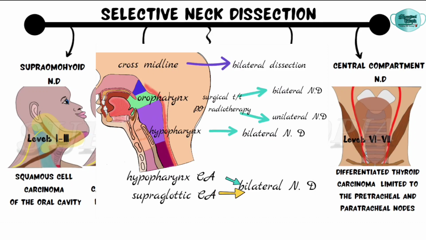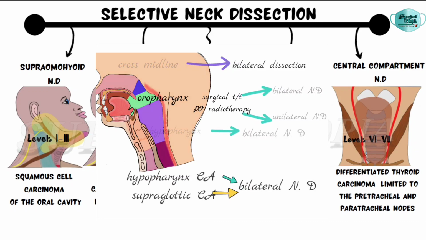Whereas if there is cancer of the oropharynx, then in patients for whom a surgical treatment plan is made, lateral neck dissection on both sides is indicated, but in patients in whom post-operative radiation therapy is planned, lateral neck dissection on the ipsilateral side is indicated. And in cases where there is cancer of the hypopharynx and supraglottic, bilateral lateral neck dissection is indicated.